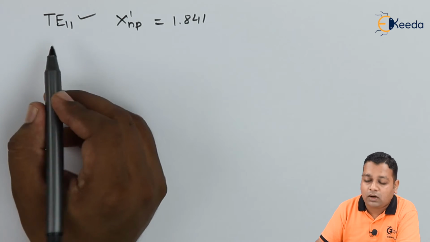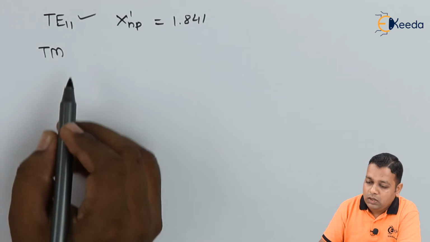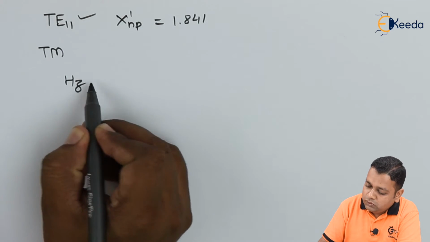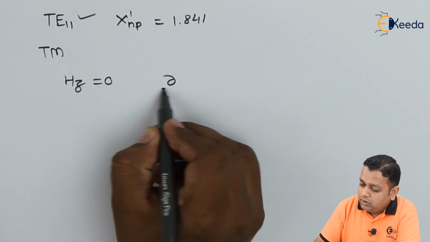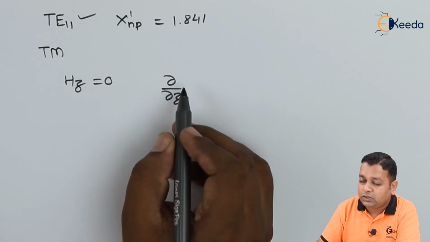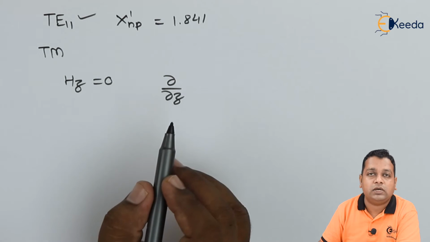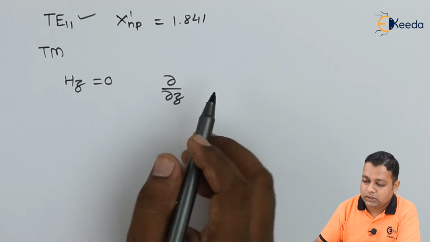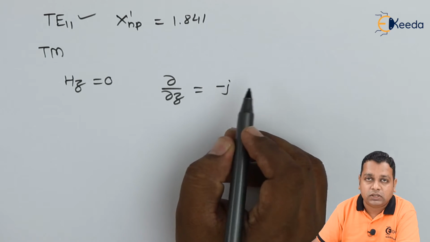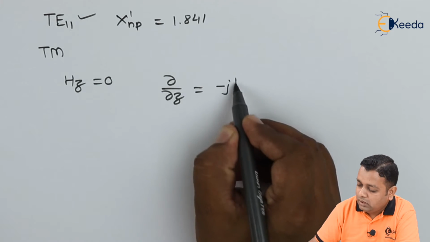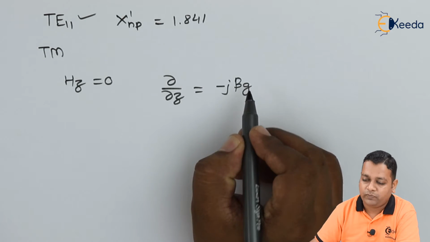Now we continue our derivation. As we are with the transverse magnetic mode, we shall be having a substitution of Hz equal to 0, and also the partial differentiation with respect to the Z parameter, Z being the direction of propagation, we get it replaced into the complex representation by minus j beta suffix g here.